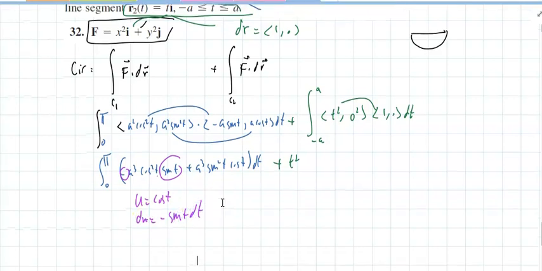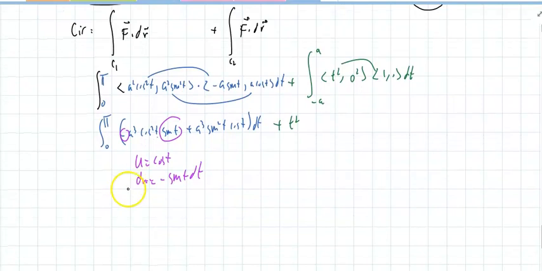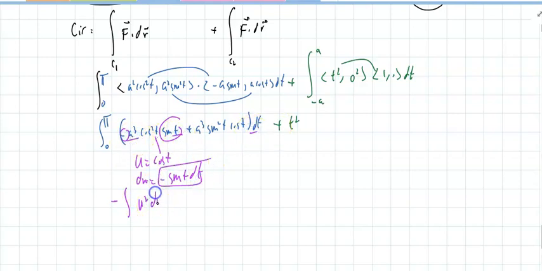So that would be negative the integral from 0 to pi. I'm going to change that. If I put a u in there, that will be u squared, and this will be simply du. 0 in there, that's a 1, pi in there, that's a negative 1.